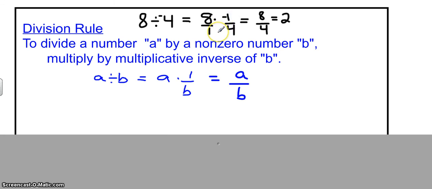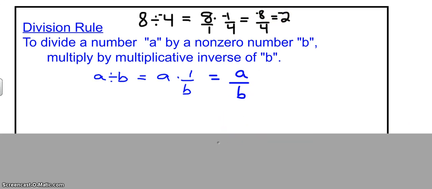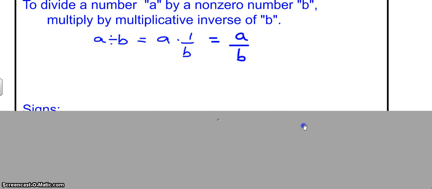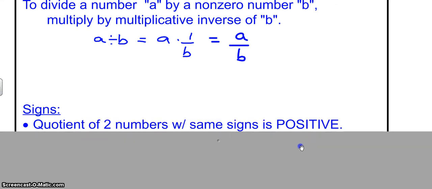So let's put it in the numerator to make it interesting. So we have 8 times negative 1/4. A positive and a negative together gives us a negative, right? So the same rules apply as have in the past. The quotient of two numbers with the same signs is positive.